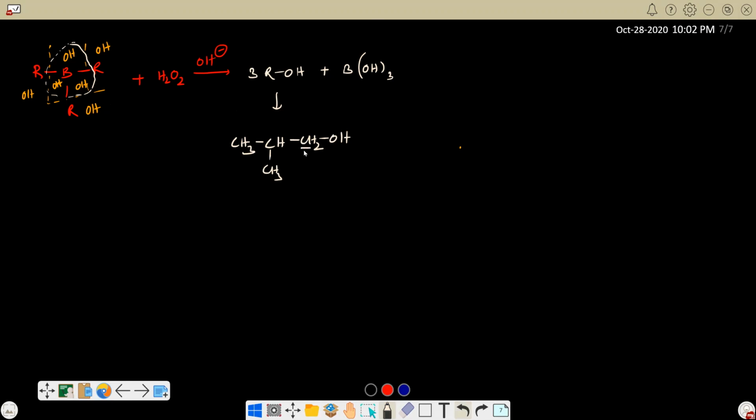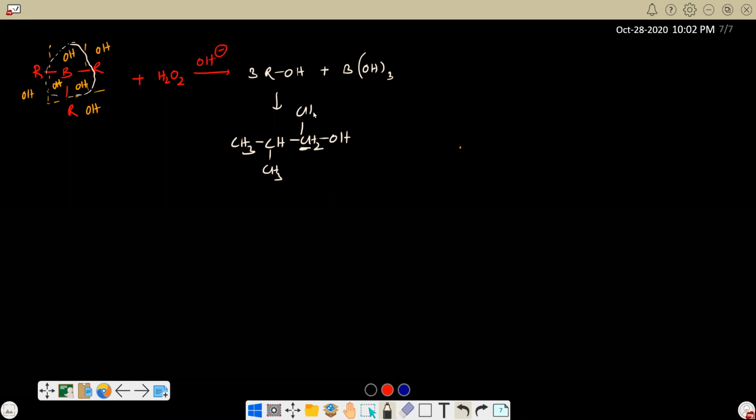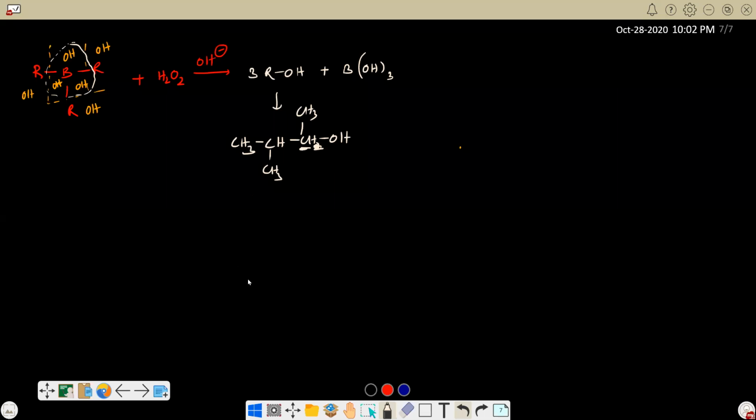The boron is attached to the terminal carbon, and one more methyl group is there. The added groups here are OH and this H. Right?